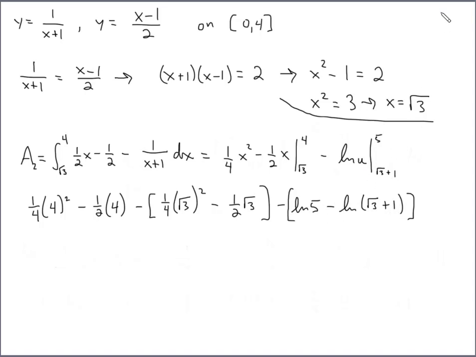So putting all that together, according to the calculator, you get ln root 3 plus 1 minus ln 5 plus root 3 over 2 plus 5/4.